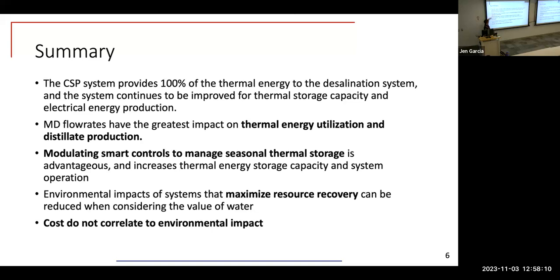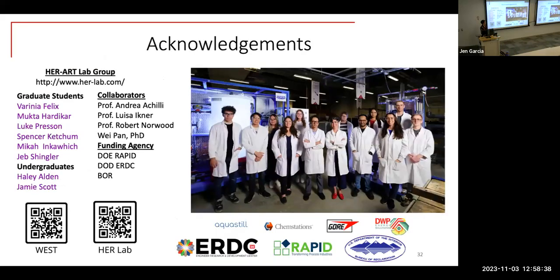Thermal energy utilization and distillate production are most impacted by flow rates, and we are able to provide 100% of the thermal and electrical energy to our desalination system with our energy system. It's actually oversized. So we're still looking into ways we can modulate our system and scale it up so we can appropriately match the two systems for these different temporal and even geographical effects.